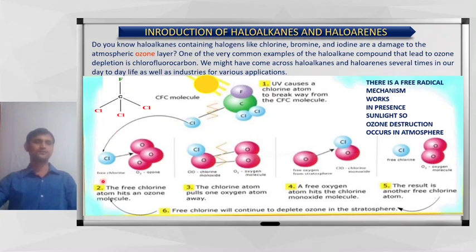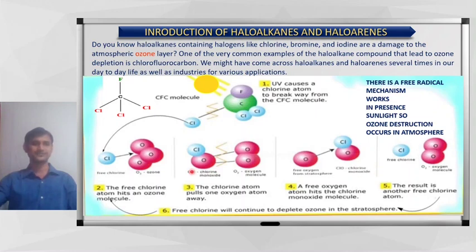Further, when the free chlorine reacts with the ozone molecule, O3, in the ozone layer, there is a formation of chlorine monoxide and an O2 oxygen molecule. Further, in the next step, a free oxygen atom and chlorine monoxide react together, forming another free chlorine and an O2 molecule.